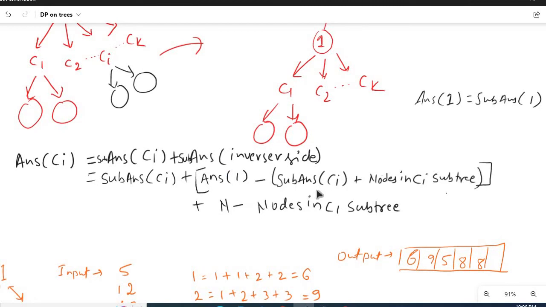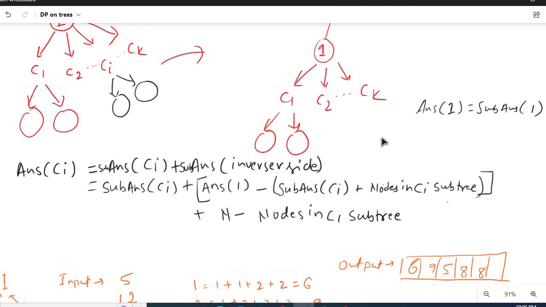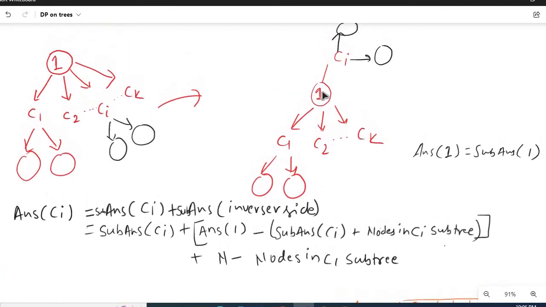So the answer of 1 minus the sub answer of Ci. Whatever is the answer of C1, let's say we know it. Then we have to subtract the sub answer of Ci plus nodes in the Ci subtree. Because this answer of 1 is constituted with the answer of C1, C2, Ci, Ck, and the nodes present in that subtree.